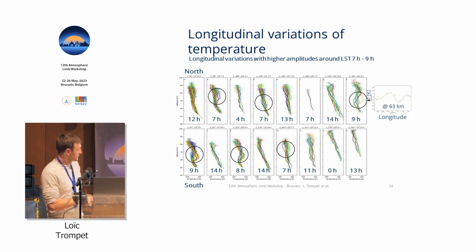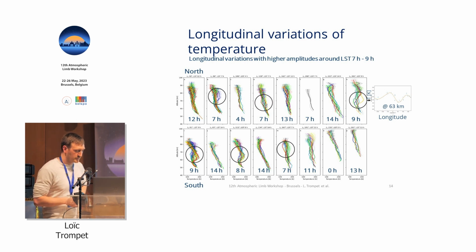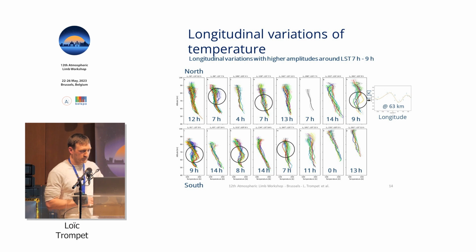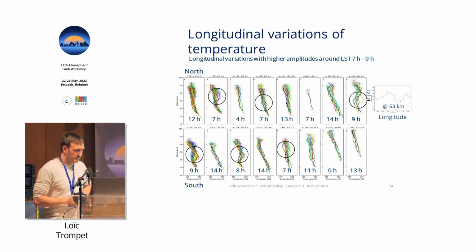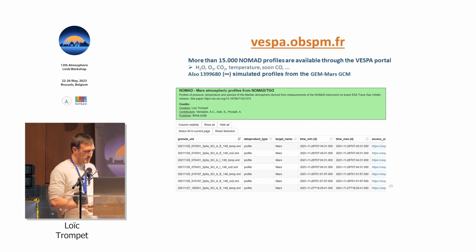When I try to fit what seems to be non-migrating thermal tides, I get amplitudes of around 10% of the background temperature in the morning, around 5% in the afternoon, and around 0 around midnight. So that's all what I wanted to show about those strong warm layers.